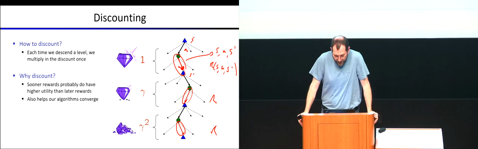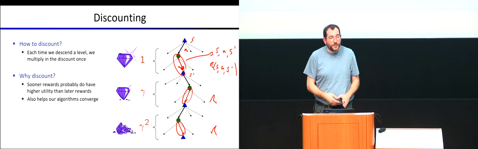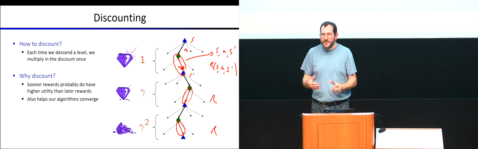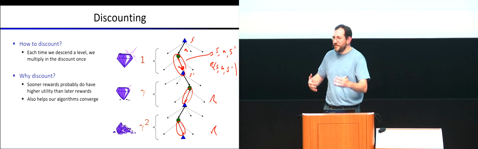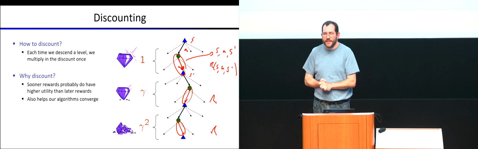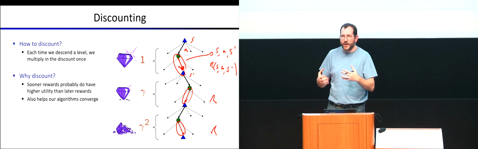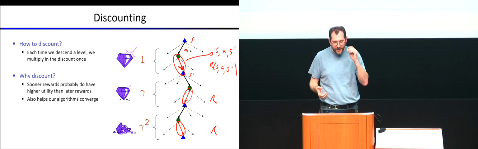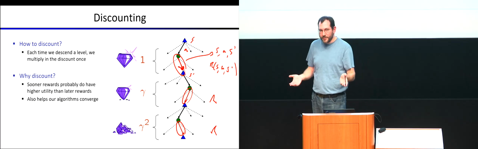So why should we discount? One is that sooner rewards probably really do have higher utility than later rewards. And sometimes this has to do with the mechanics of the problem itself. Like maybe this is money and you can invest it or something like that. And there is actually a story where the mechanism is something exponential or something decaying in value. But it also helps our algorithms converge.